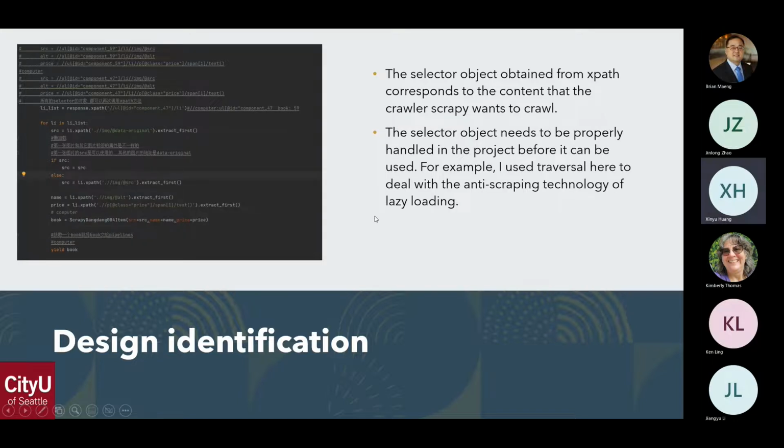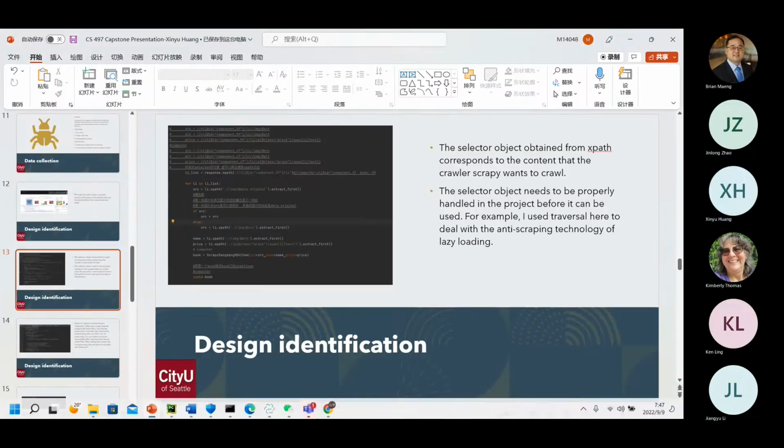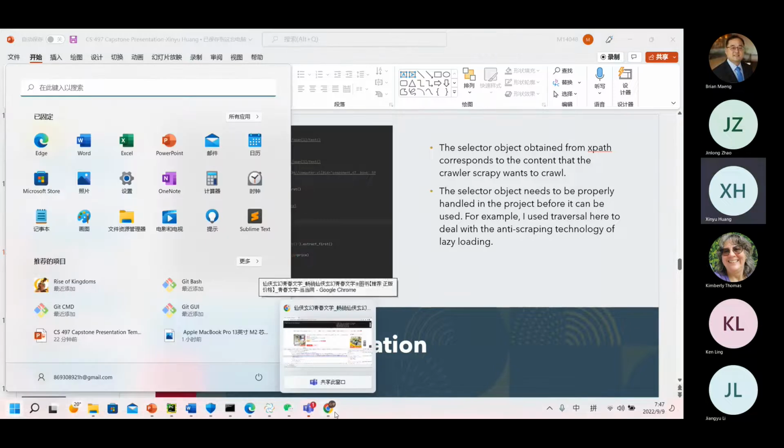And the selector object obtained from XPath corresponds to the content that the crawler Scrapy wants to crawl. And the selector object needs to be properly handled in the project before it can be used. For example, I use traversal here to deal with the anti-scraping technology of lazy loading, and I will give an example.